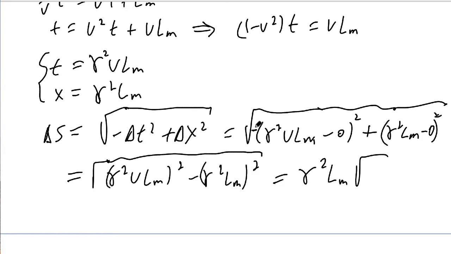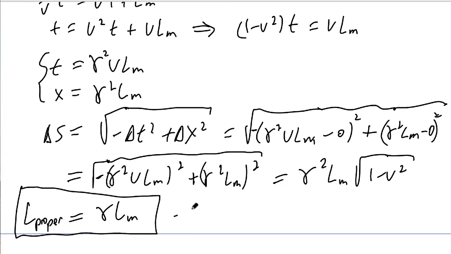We should have a minus sign here and a plus sign here. Right, so this is 1 minus v squared under the square root. That, of course, is 1 over gamma. So our result for delta s is gamma times lm. This is delta s, the proper length of the rod.